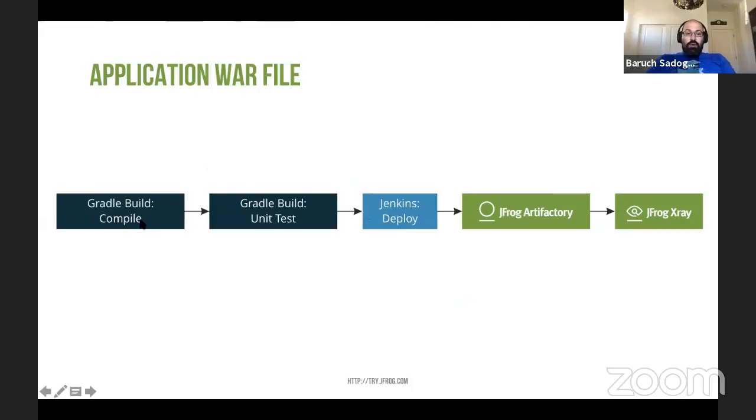So we have a Gradle build that compiles and then runs unit tests, and then Jenkins deploys those artifacts to Artifactory. Once those artifacts are deployed, JFrog Xray kicks in, checks this WAR file, decomposes it to all the dependencies which are inside, and those dependencies are checked as well.